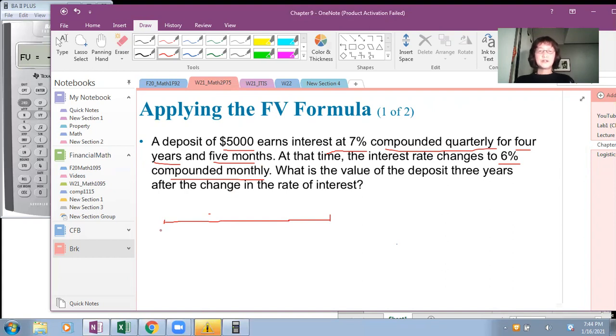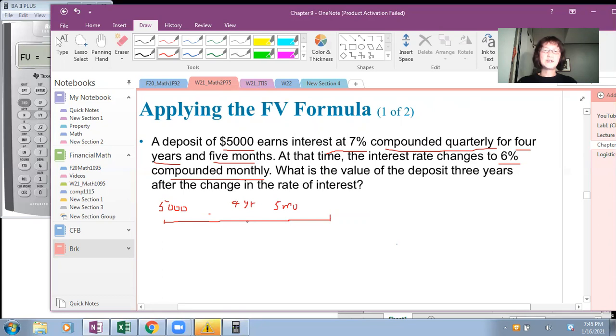Reduce some noise. So a deposit of 5,000. This is the present value. This is now deposited for 4 years and 5 months.